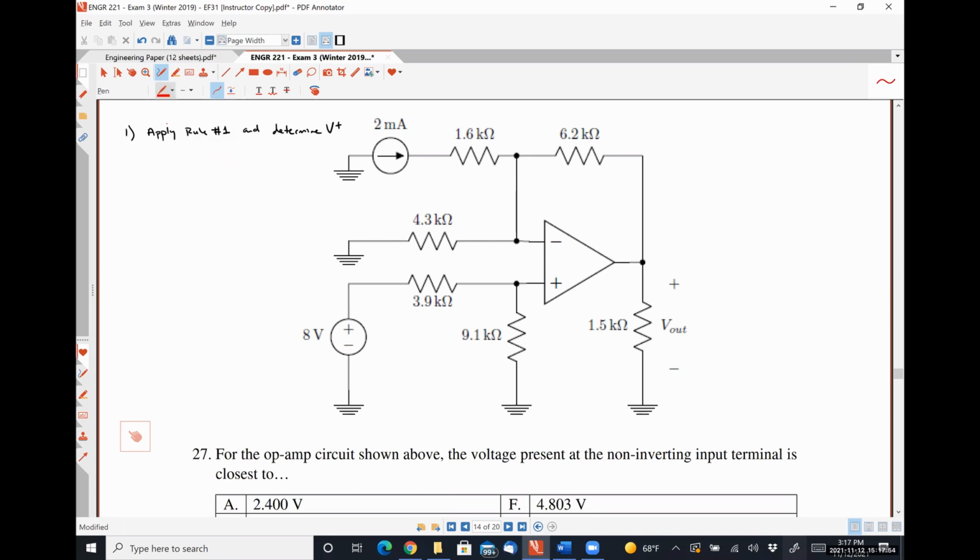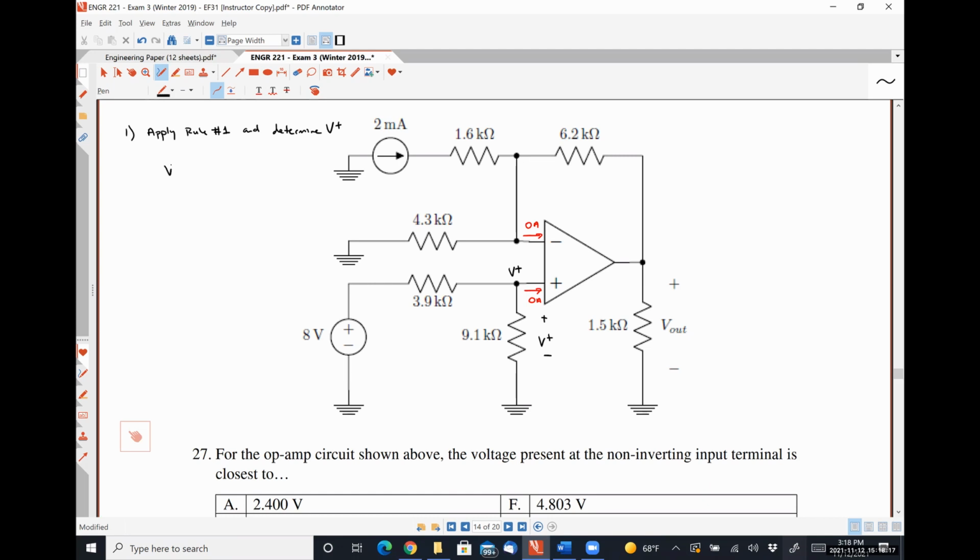So if I apply rule number 1, that means that this current has to be 0 amps and this has to be 0 amps. The voltage that I'm trying to find is this one right here with respect to ground, which is the same as the voltage drop over this 9.1K resistor.